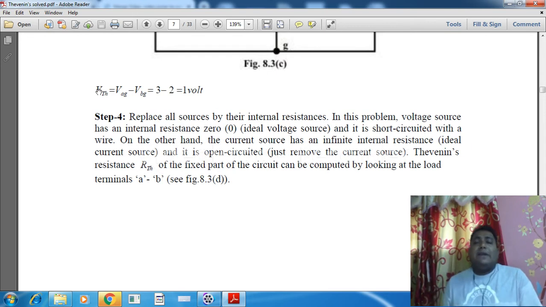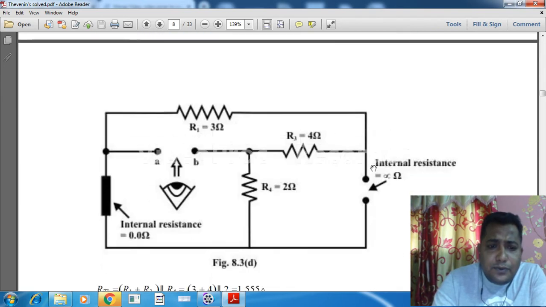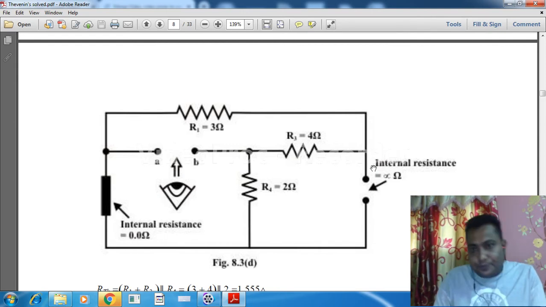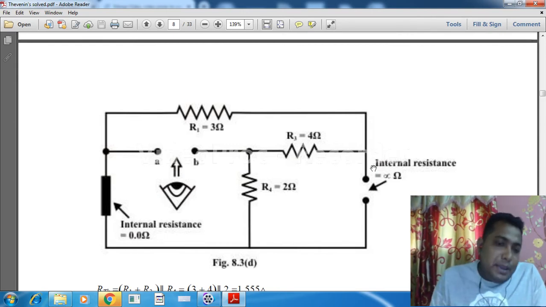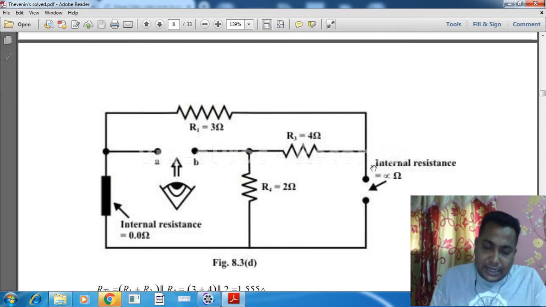Now coming to the next step, where we are going to find out the equivalent resistance, or the Thevenin's resistance, of the circuit. For doing that, the first thing we have to do is make the circuit independent of any kind of source. If we have a voltage source in the circuit, remove that and leave its internal resistance in the circuit.